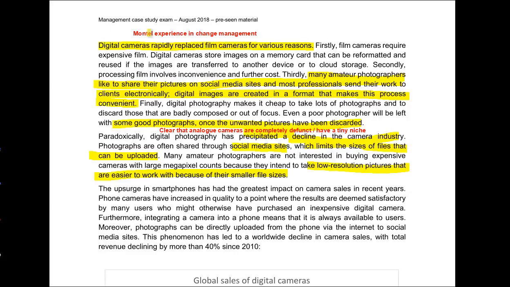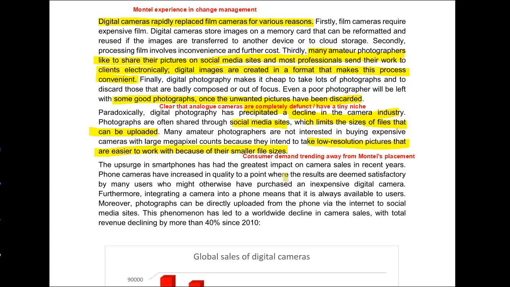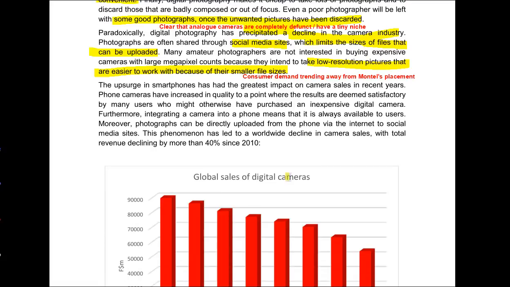So immediately we're thinking new product, because essentially consumers are trending away from needing these big, impressive cameras. And as we see in this final paragraph, it comes up with a pretty confusing image, to me at least.